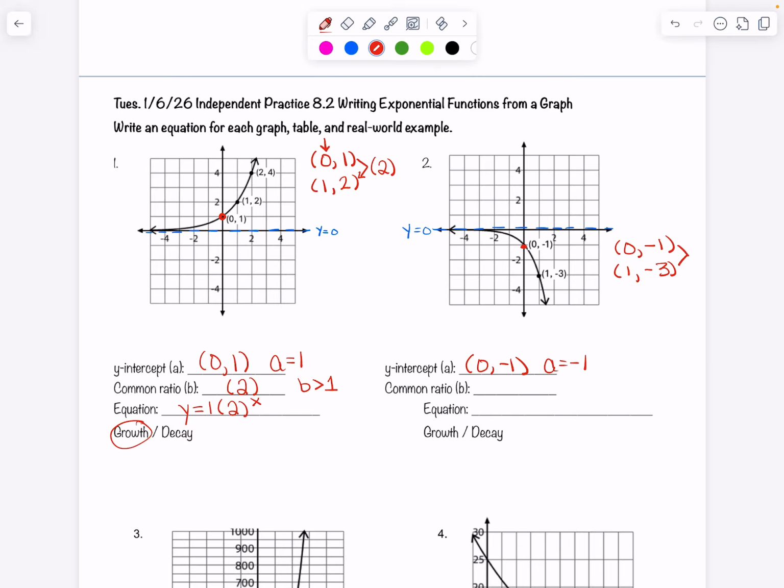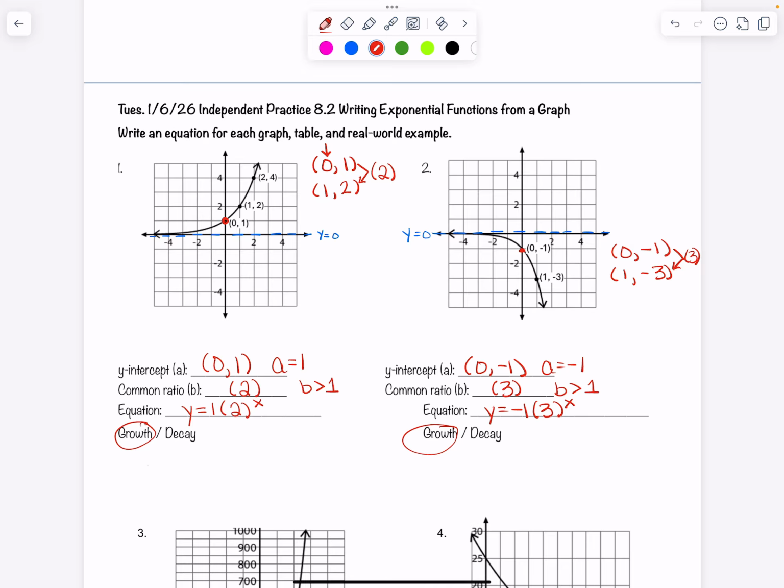What did they multiply -1 by to get -3? They multiplied by 3. So the b value is 3. Again, because b is greater than 1, this one here is a growth. It's a negative growth, but it's still a growth. And our equation is y equals -1 times 3 to the power of x.